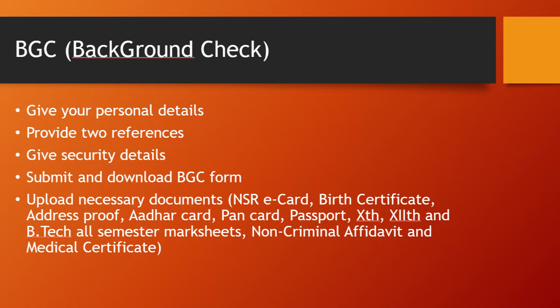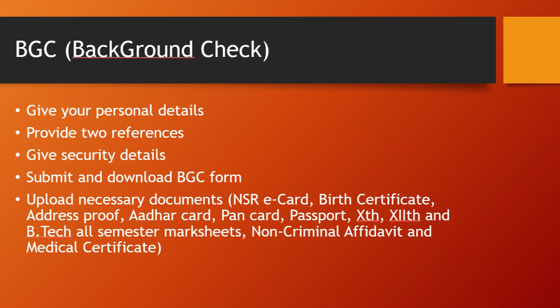So to get into the BGC details, under that ILP corner on the left side, you will have the background check option. You have to select that background check option. When you click this option, if it is showing the same home page again, you have to clear the cache and all those things from your browser.